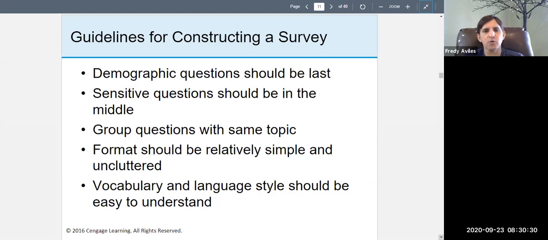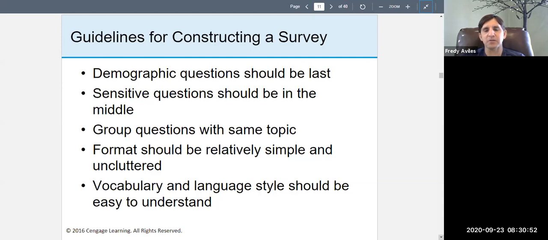Okay. You want to group questions with the same topic. Let's say the survey has questions about money, not demographic stuff, but certain things about money. I have an example of a survey, for instance, that asks if participants think textbooks are expensive, if they struggle to pay for them, right?